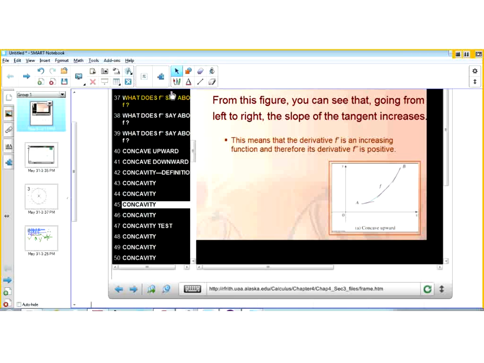In other words, if f double prime is greater than 0, that means f prime is an increasing function, because the tangents to f prime have slopes greater than 0. If this is true, then we are concave up on an interval, and you have to draw a graph that looks like that.